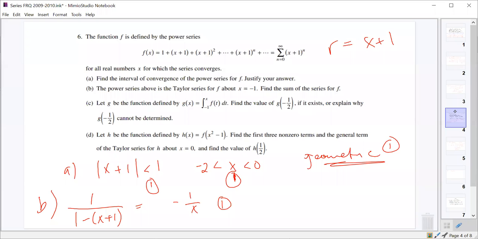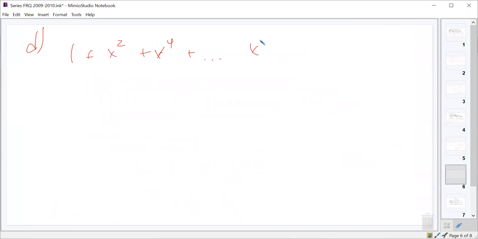For the general term, we just replace that. That should just be x squared to the n, or x to the 2n. And they said evaluate h of a half, right? Since we just said this is f of x squared minus 1, we'll figure out what that is.